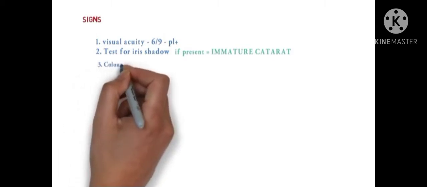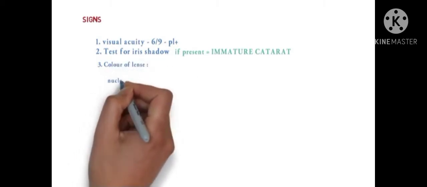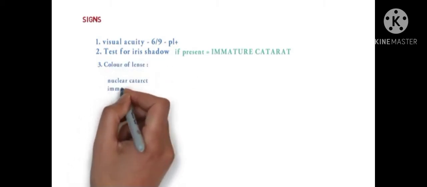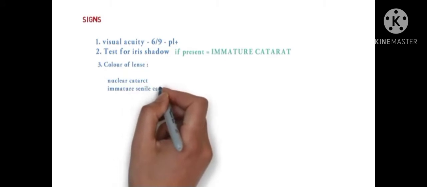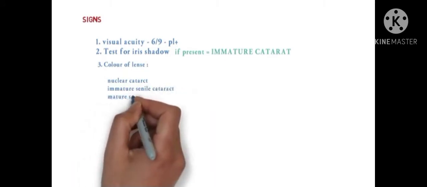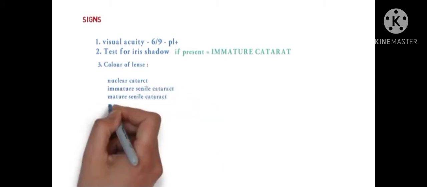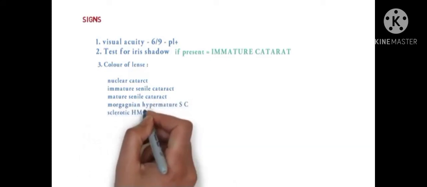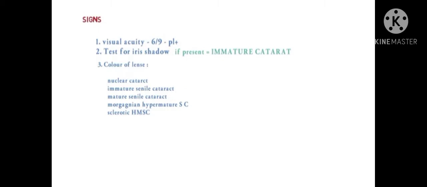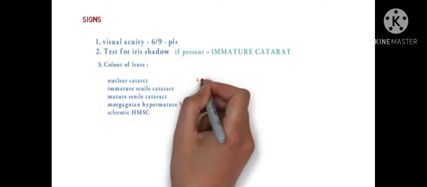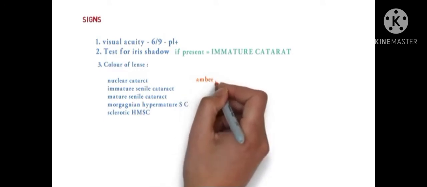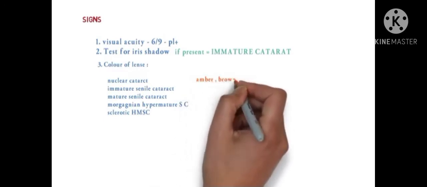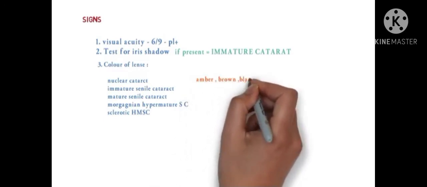Color of lens. So we discussed the stages of cataract: nuclear cataract, immature senile cataract, mature senile cataract, Morgagnian hypermature senile cataract, and sclerotic hypermature senile cataract. So what are the colors of lens in all these types of cataract? In nuclear cataract, there is amber, brown, black or reddish color of lens.